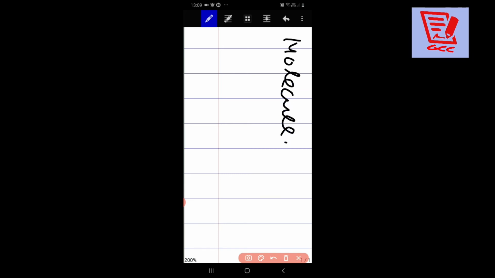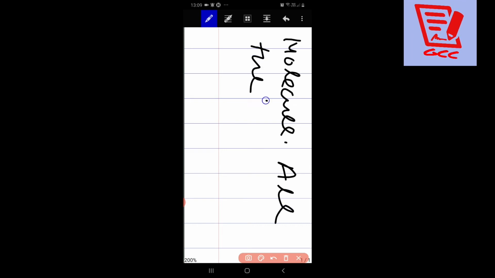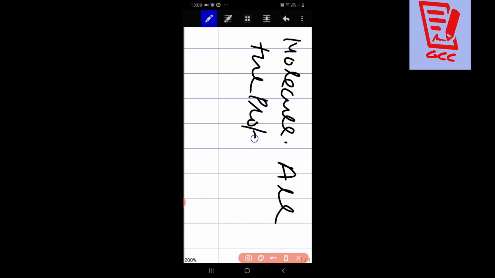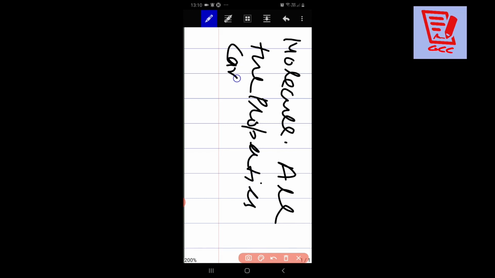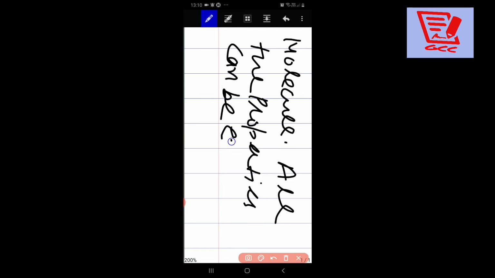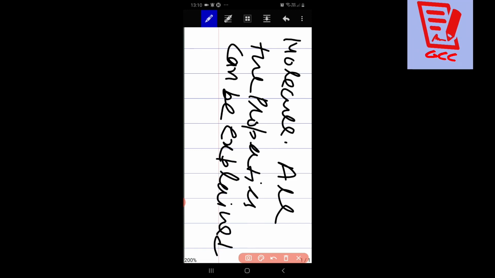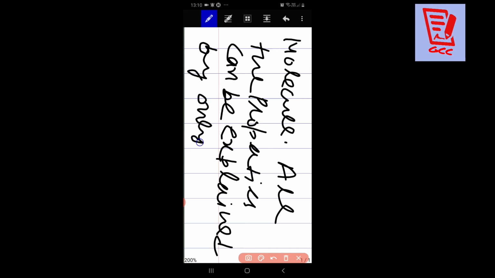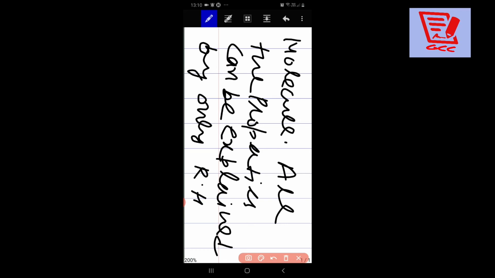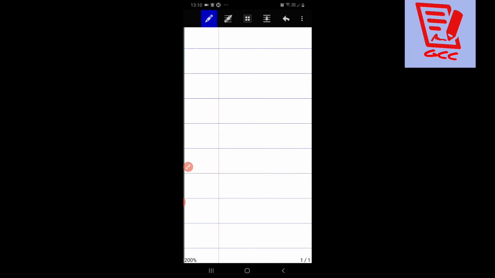All the properties can be explained by only the resonance hybrid. Clear students? Only and only by the resonance hybrid.